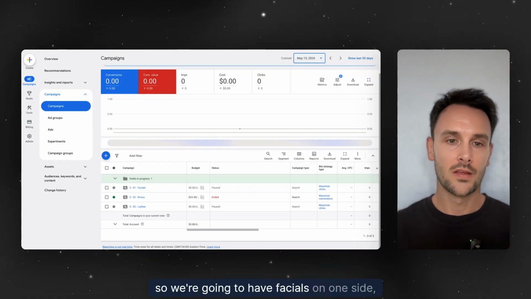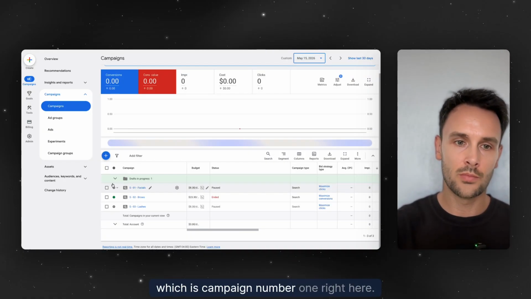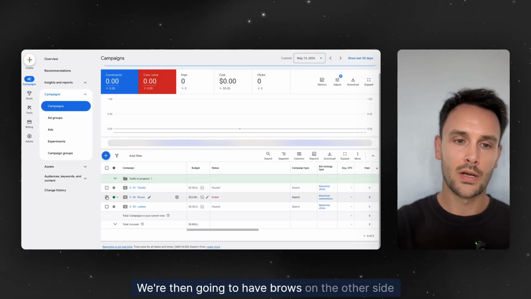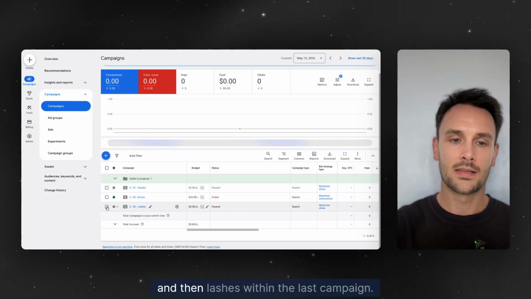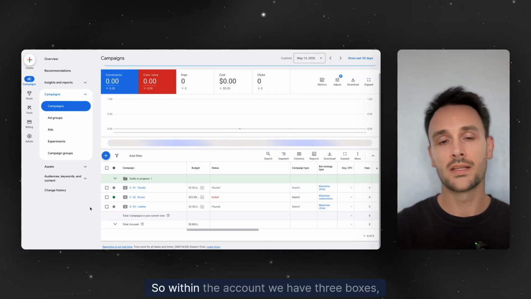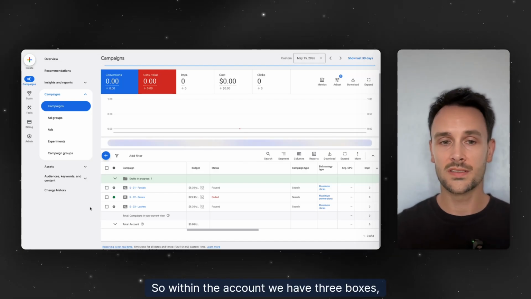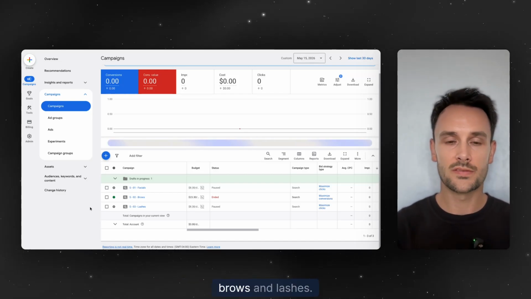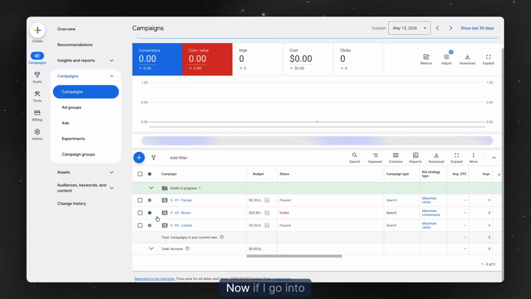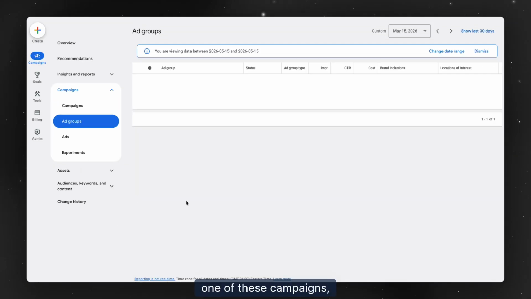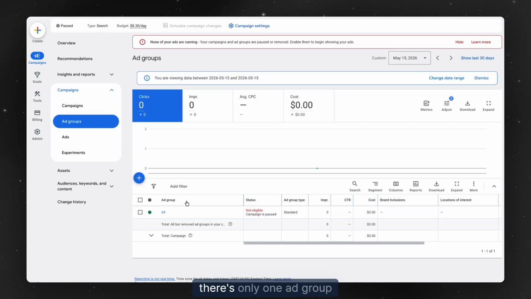So we're going to have facials on one side, which is campaign number 1 right here. We're then going to have brows on the other side, and then lashes within the last campaign. So within the account, we have 3 boxes, 3 campaigns: facials, brows, and lashes. Now, if I go into one of these campaigns, you're going to see that there's only one ad group per campaign, which is an ad group where we have all the keywords.